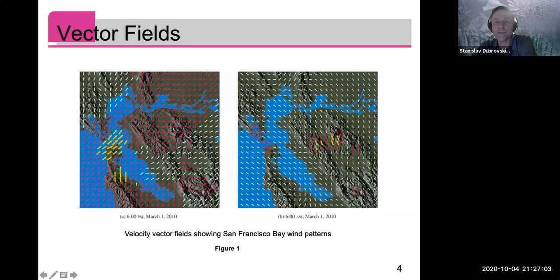So rather than using longer arrows for larger vectors, they're using fat or different colored arrows. So of course you can see that the strongest winds are first on the left. You can see they're going around the Golden Gate Bridge, and on the right in the early morning, maybe somewhere around Mount Diablo.